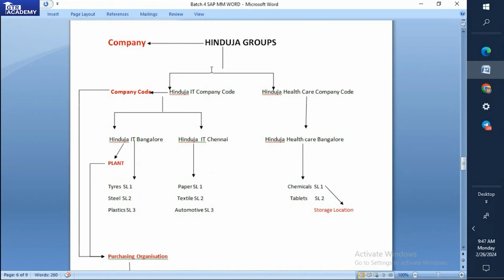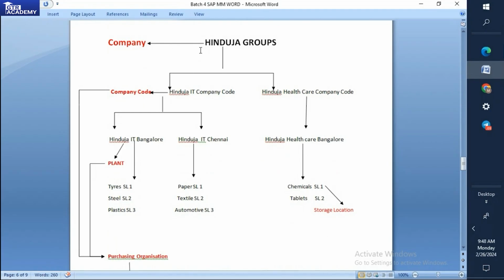Below the company level, there are different company codes. I have given you two examples. Hinduja has different sectors available: IT sector, healthcare sector, automotive. So there are different types of sectors under the Hinduja group. It will maintain almost 10 to 12 company codes, I guess, but I took the example of only two company codes.